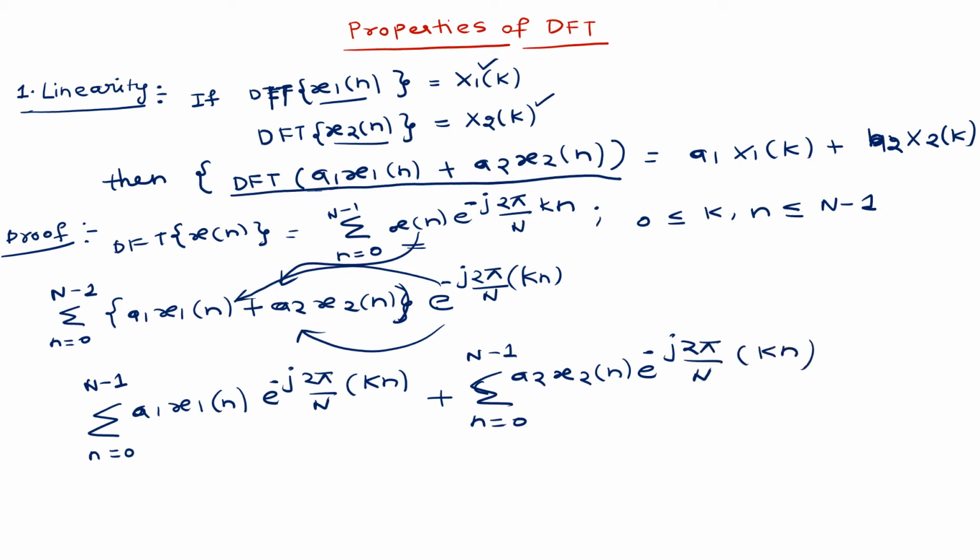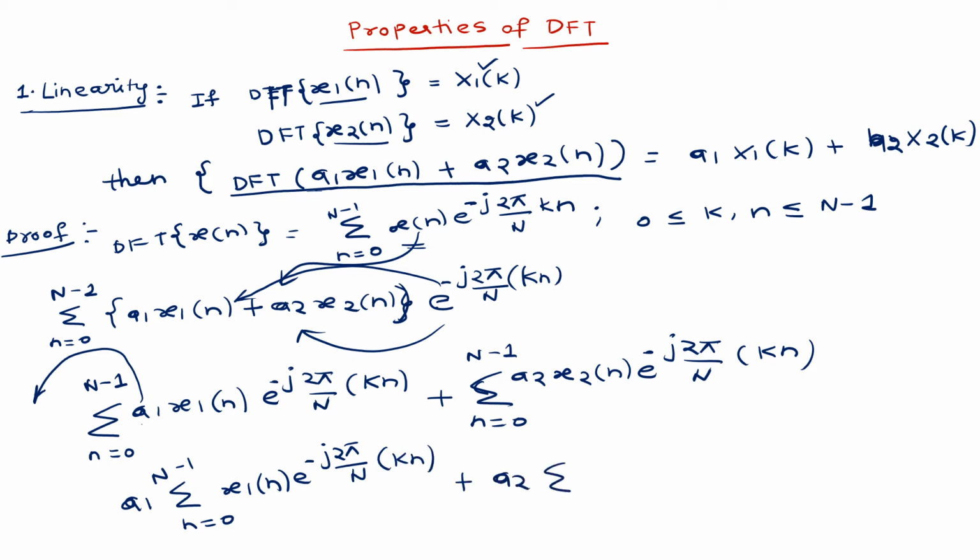Taking the constants outside the summation, there is no change. So we get a1 into summation of n equal to 0 to N minus 1 x1 of n e power minus j 2 pi by N kn plus a2 summation of n equal to 0 to N minus 1 x2 of n e power minus j 2 pi by N kn.